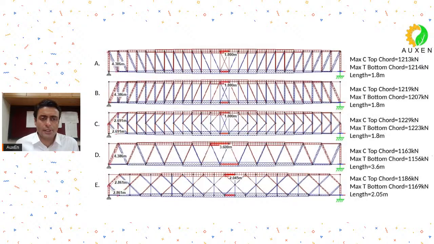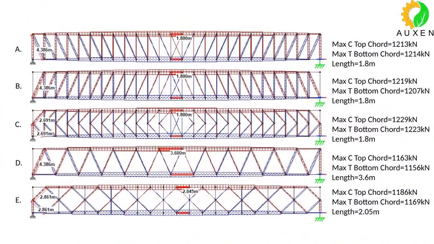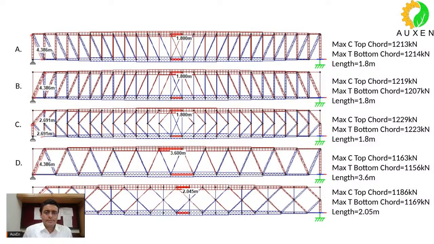Let us move ahead. Let us see their magnitudes. As I told you, the same loads have been applied. So what do you find? I have just written down the maximum compression and maximum tension in the top and bottom chord. On your right side, you can see them.